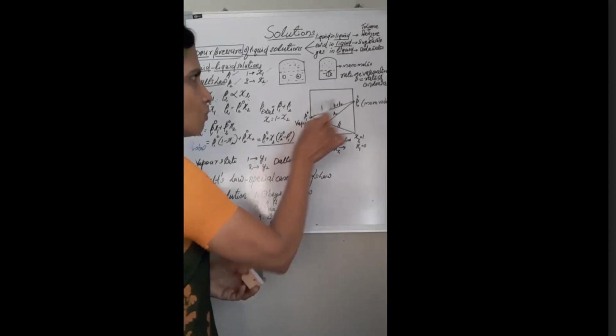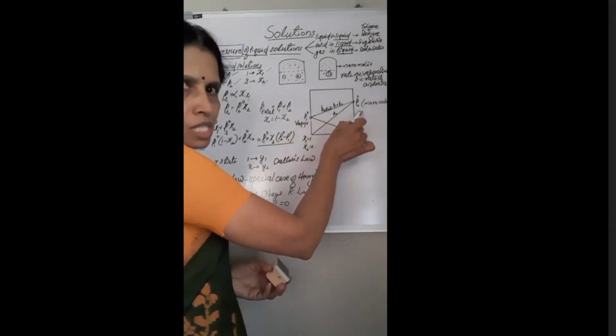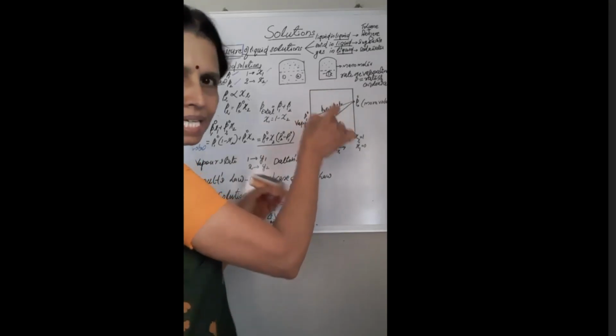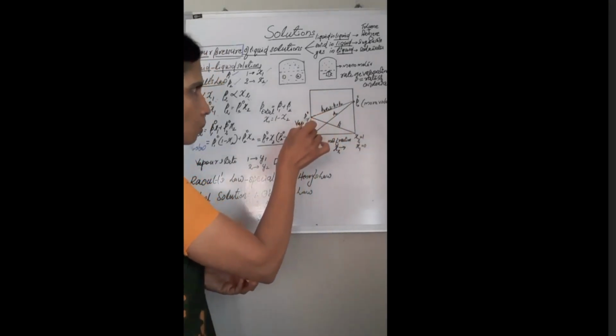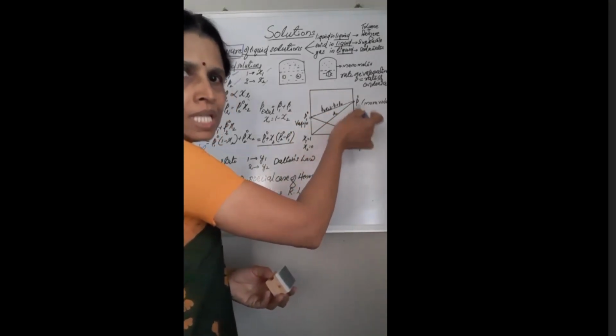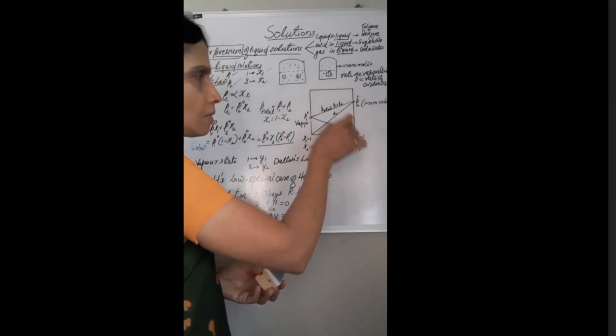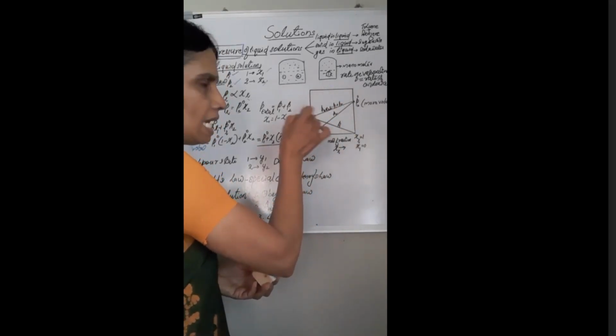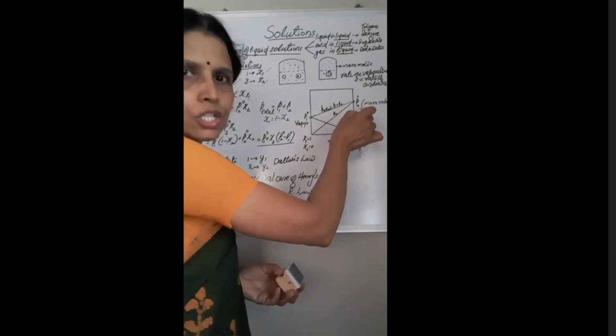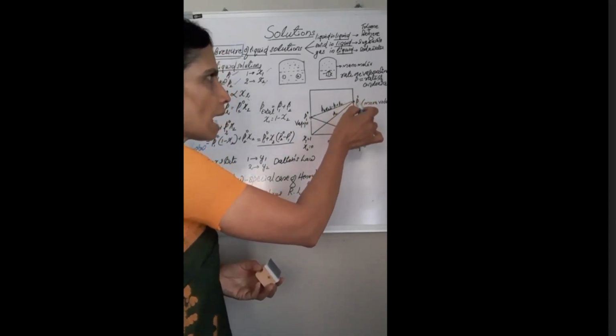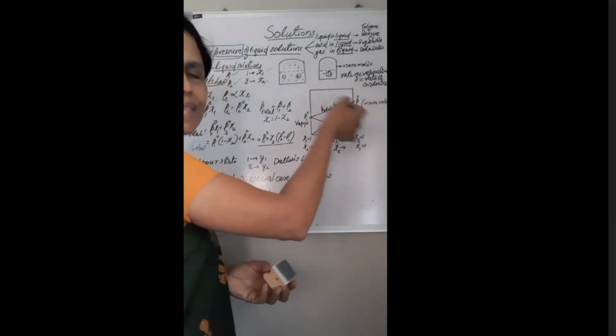If you look at the relative values of P1⁰ and P2⁰ in this diagram, P1⁰ is less than P2⁰.